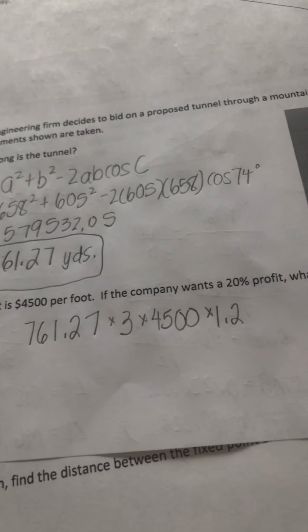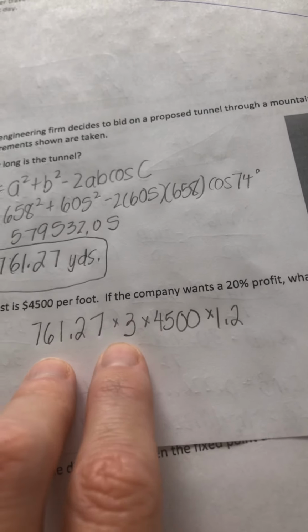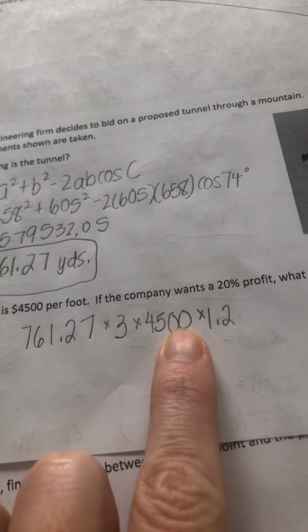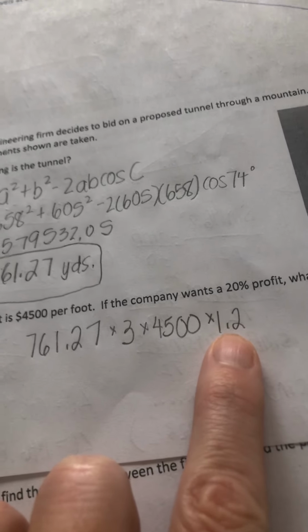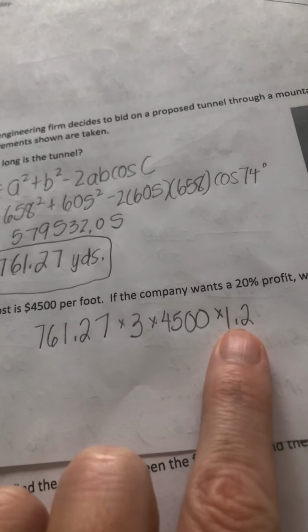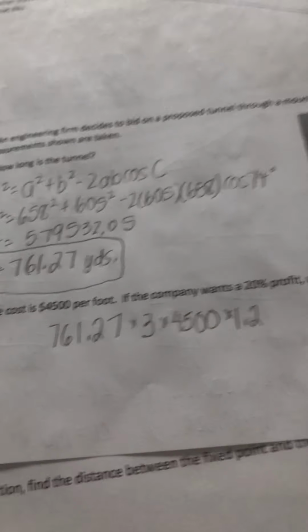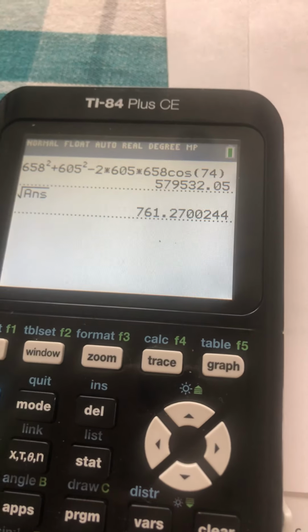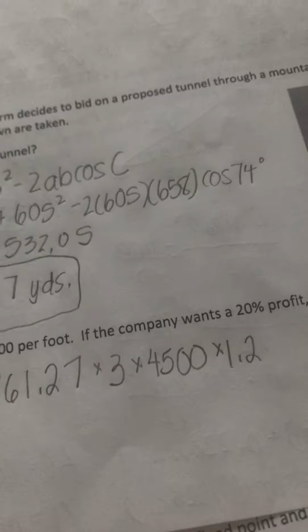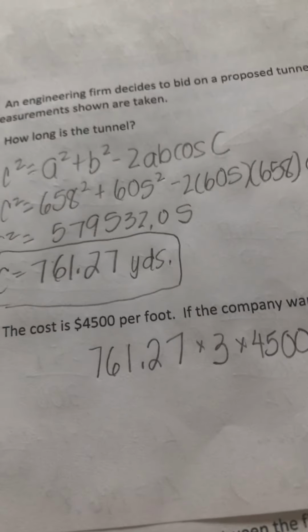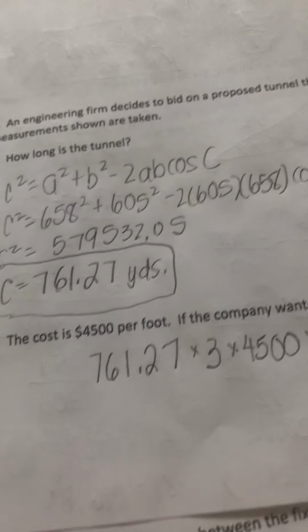So once again, you could do this all in one step. That's converting it to feet. That's the cost per foot. And then they want to make 20%. So the bid amount that they're going to need is 120%. I think I'll use the non-rounded version from my calculator. So multiply it by 3, multiply it by 4,500, and multiply it by 1.2.